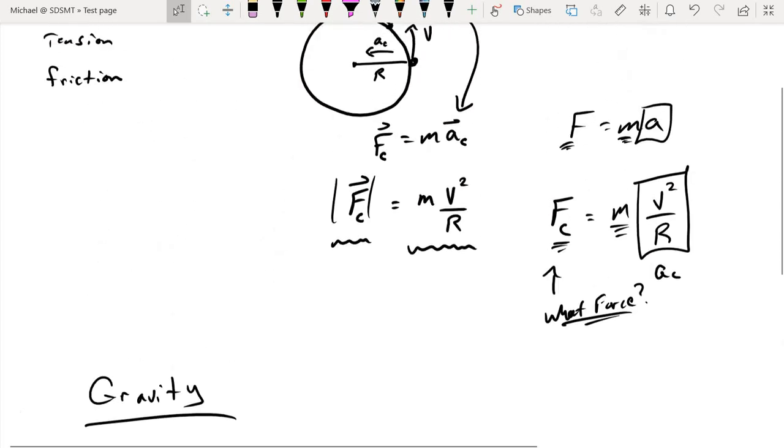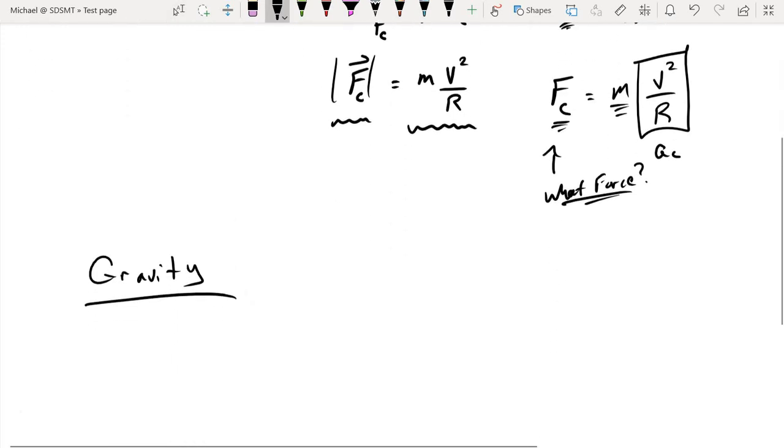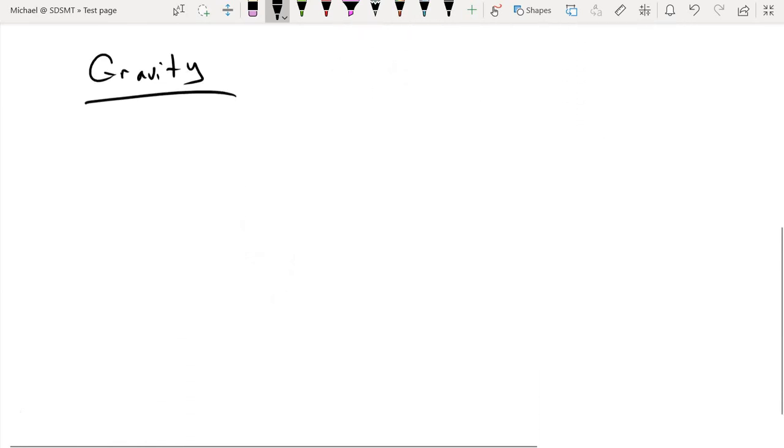And spoiler alert, all four of them can cause circular motion. So this is why we need to look at each one of them individually. We'll go through a discussion for each of these forces pertaining to a circular motion problem, and then that'll bring us to the end of the Chapter 6 material.